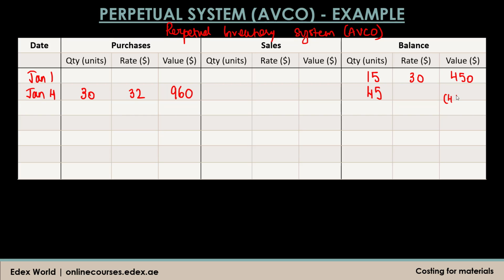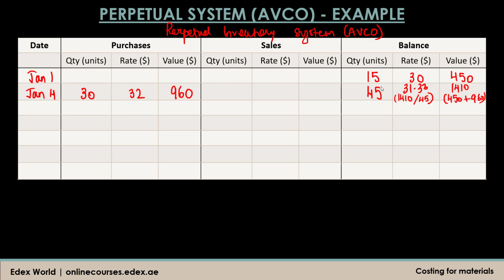So the total comes to 450 plus 960, 1410. We will have to arrive at the average rate by saying 1410 divided by 45 units. And when we do that, we get $31.33.